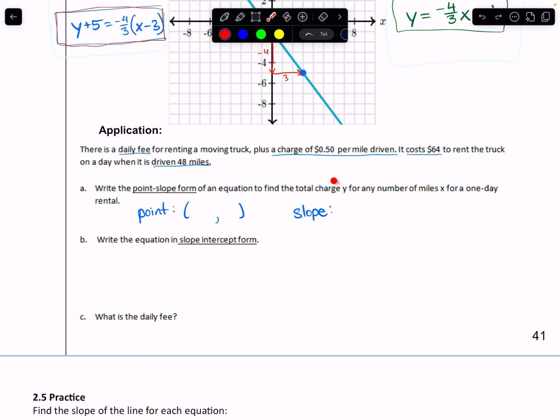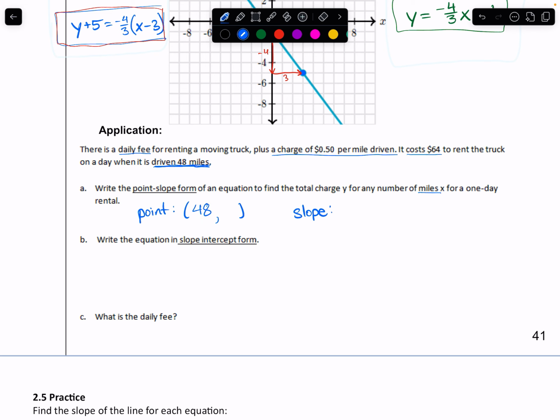The charge is going to be a y value, and the number of miles driven is going to be an x value. We haven't done too many word problems like this, but we will, and you'll get more experienced with it. But for now, I'm going to give you a hint. Since they told us a value for the miles driven, 48 miles, that's going to be our x value.